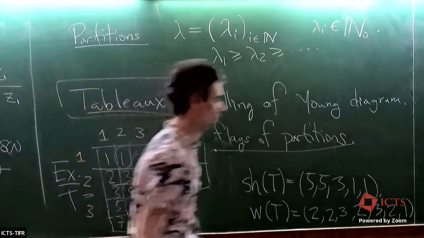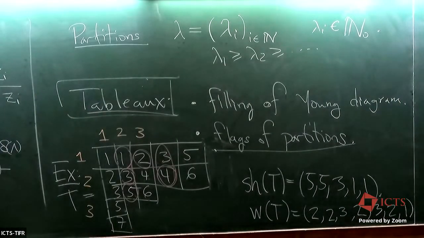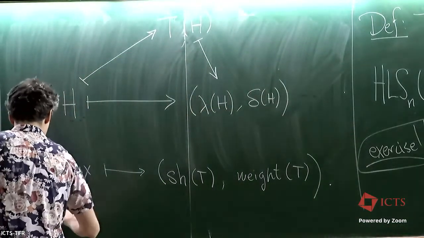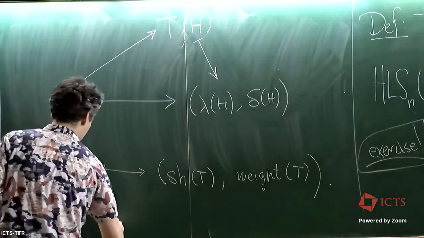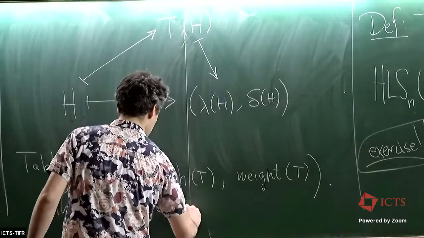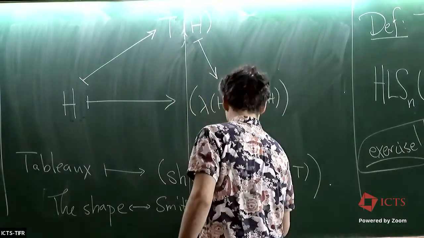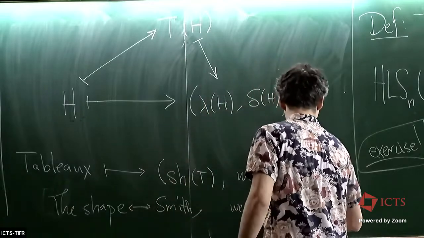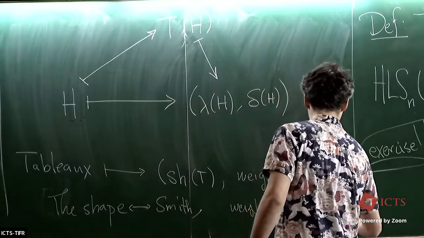This is what is recorded by the Tableaux associated to a lattice. I haven't said how to associate that Tableaux yet to the lattice, but the essence is the shape goes together with the Smith partition, and the weight goes together with the Hermite composition.